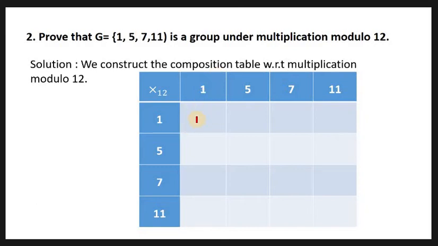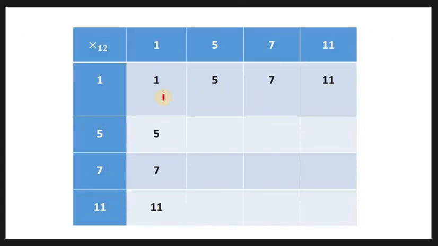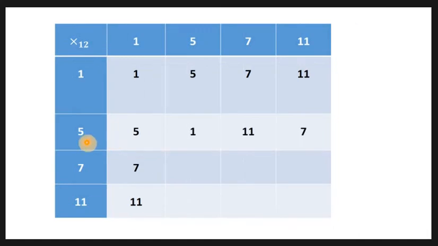1 into 1 is 1, 1 into 5 is equal to 5, 1 into 7 is 7, 1 into 11 is 11. So first row and first column I have filled here. First row and first column are same. Next, the second row, 5 5s are 25, 25 minus 12 multiple, that is 12 2s are 24.